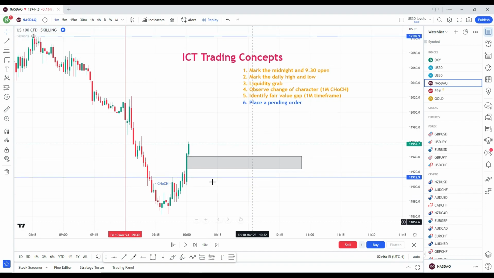Finally, we do our pending order. In this case, it will be a buy.